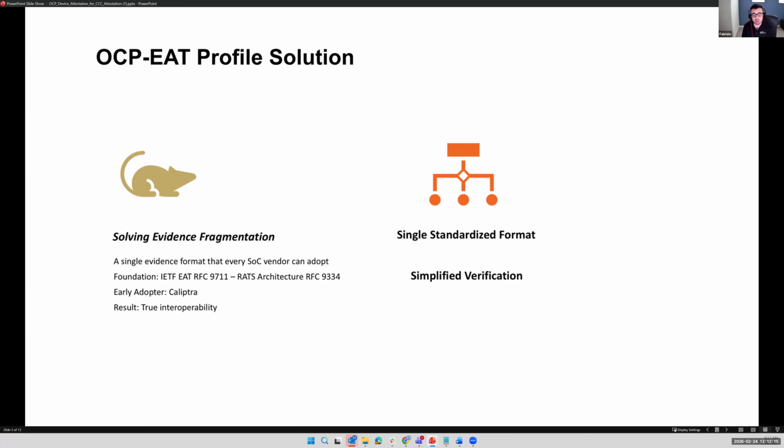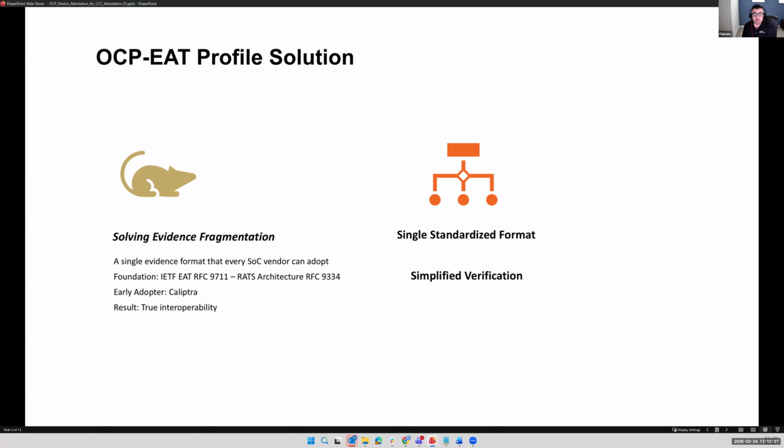We started creating this profile, working with OCP, with Caliptra being an early adopter of this standard. There is source code available in the Caliptra repo that implements this profile.